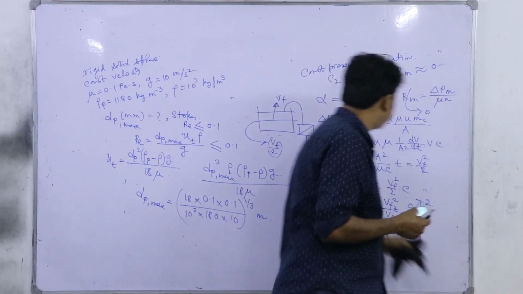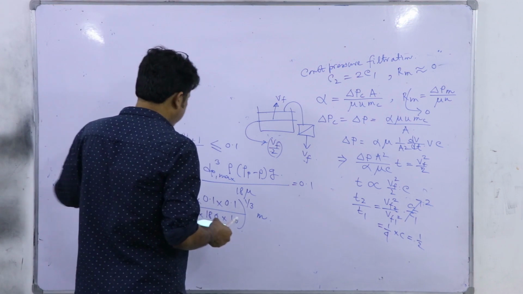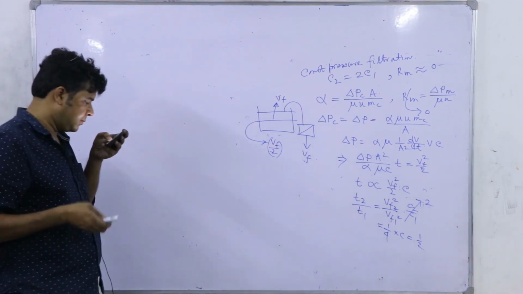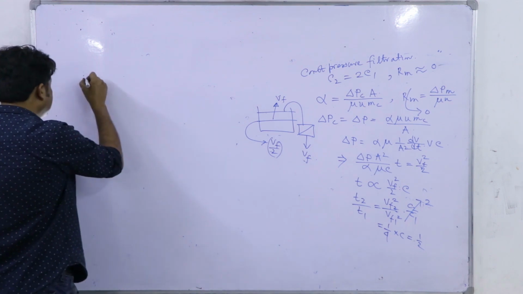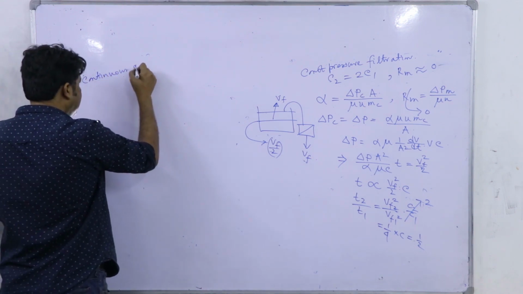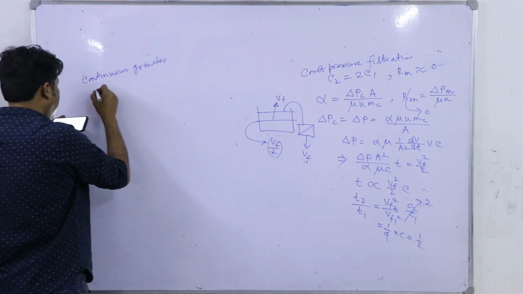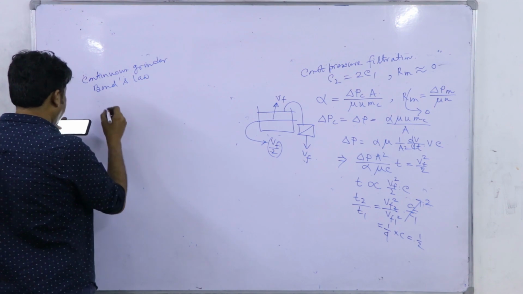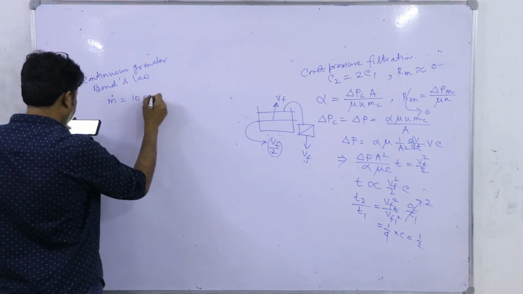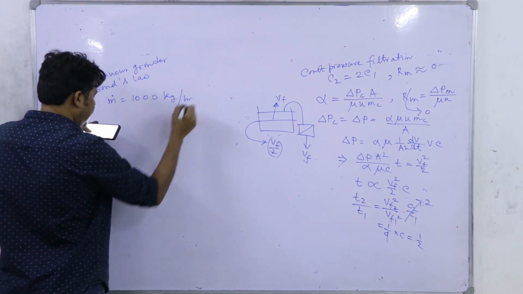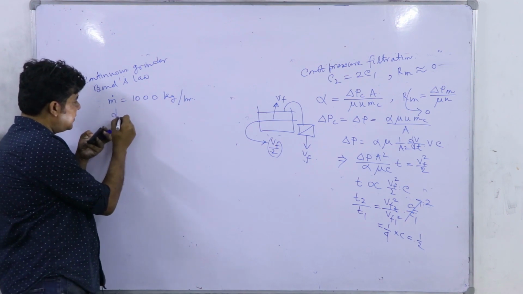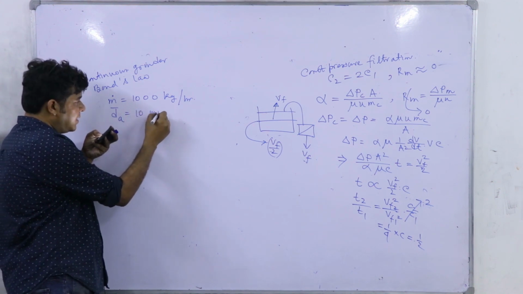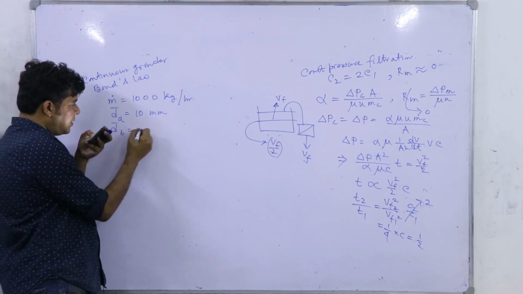Okay. The next question. A continuous grinder obeying Bond's crushing law grinds a solid at a rate of m dot equal to 1000 kg per hour, from an initial diameter dA of 10 millimeter to a final diameter of 1 millimeter.